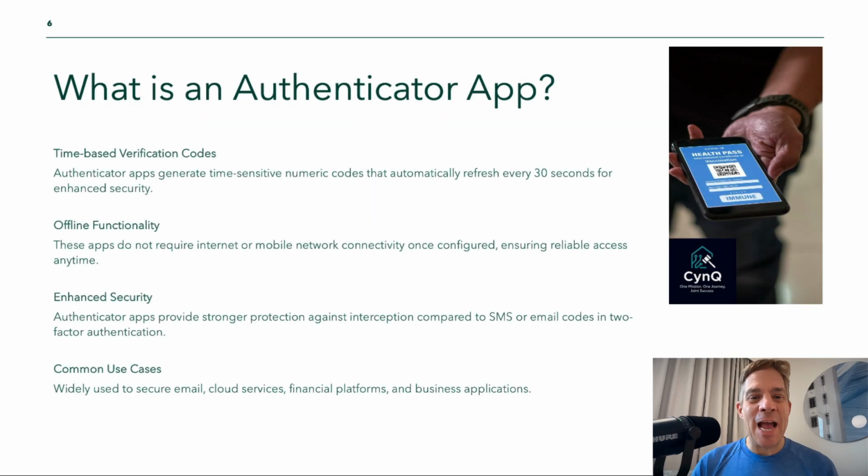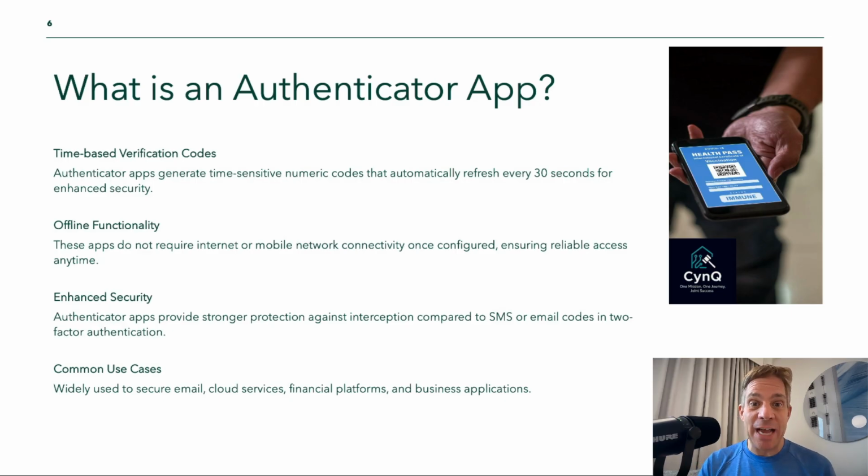Now, Authenticator apps generate time-sensitive numeric codes that automatically refresh every 30 seconds for enhanced security. These apps do not require internet or mobile network connectivity once configured, ensuring reliable access anytime.